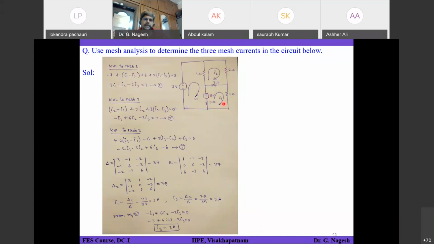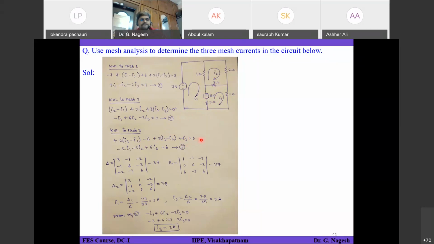What about the third one? Starting from this point, you have 2 into I3 minus I1, minus 6, since the minus sign is seen first. Minus 6 plus 3 into I3 minus I2, that is there. And the last one is I3 into 1, which is nothing but I3. Is it clear how to write equations for all the three meshes? Yes, sir.